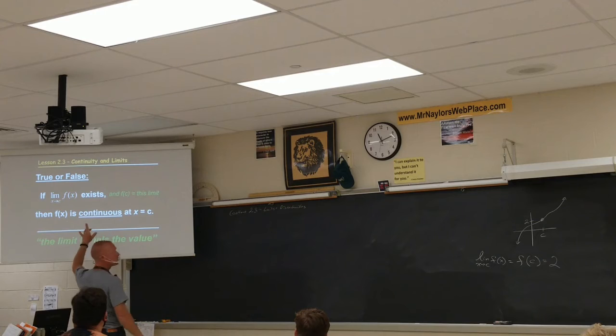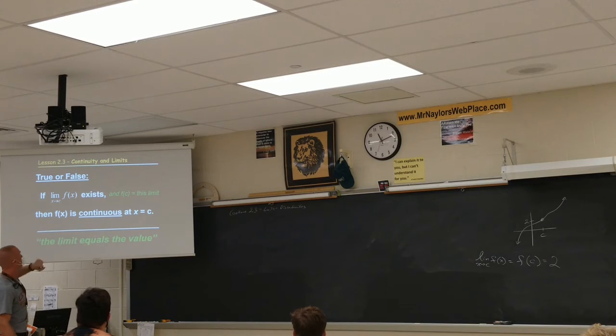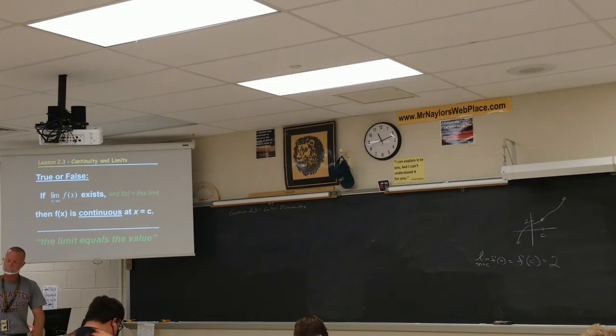Okay, now this is a good statement to write down in your notes, because this is what it means to be continuous. It means that the limit exists and the value is the same. Again, the limit exists and the value is the same.